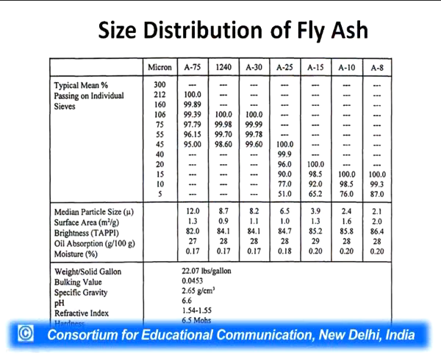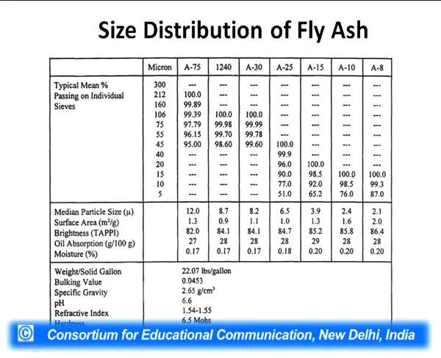Moisture content is very low, because the ash is already coming through a furnace, after going through fire. But some amount of moisture is definitely present. It can vary between 0.17 to around 2.0.